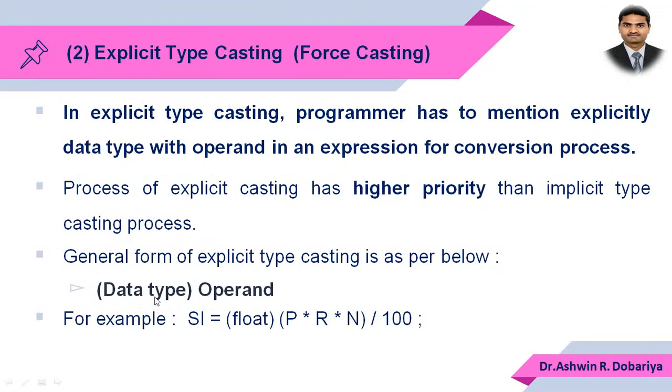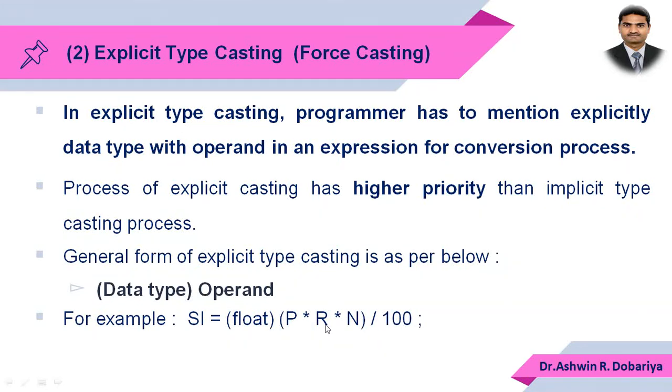So this is one example of how we can mention typecasting. Inside brackets we have to give a data type along with the operands. Now it's a very general example, like calculating simple interest. In simple interest, P, R, N, suppose you have declared them as integers, divided by 100. So here P, R, N, 3 variables are integers, and 100 is also an integer. Now what happens?